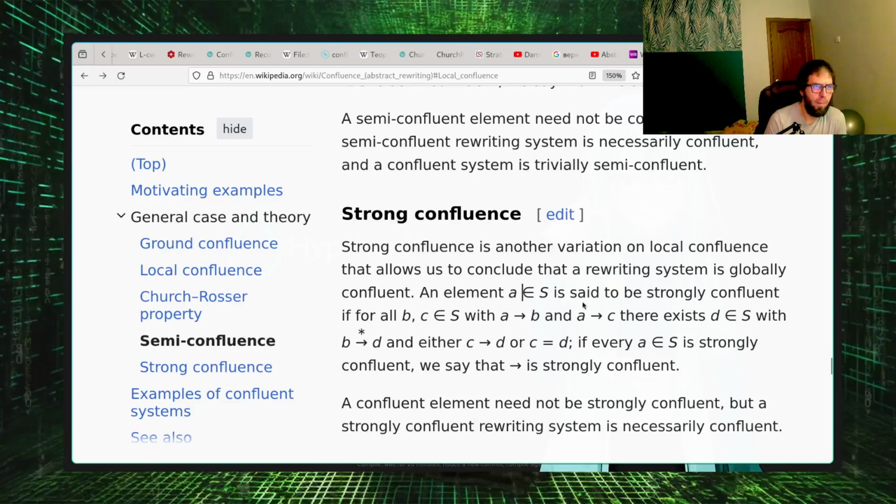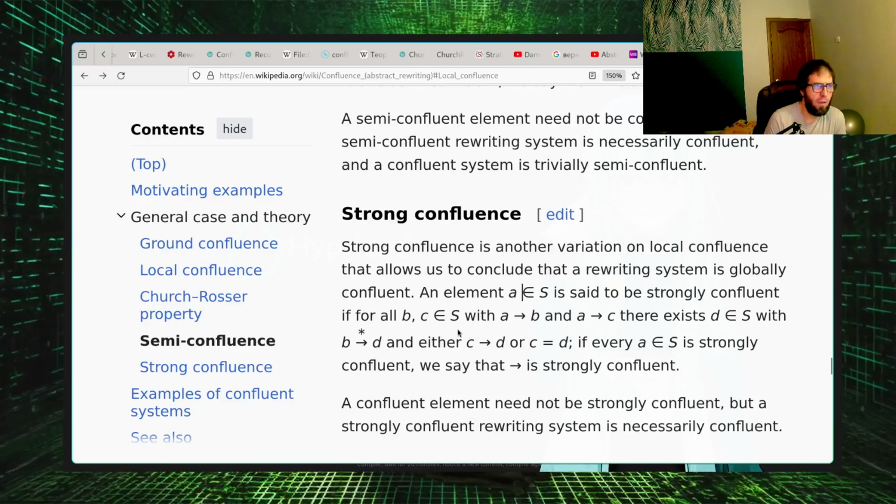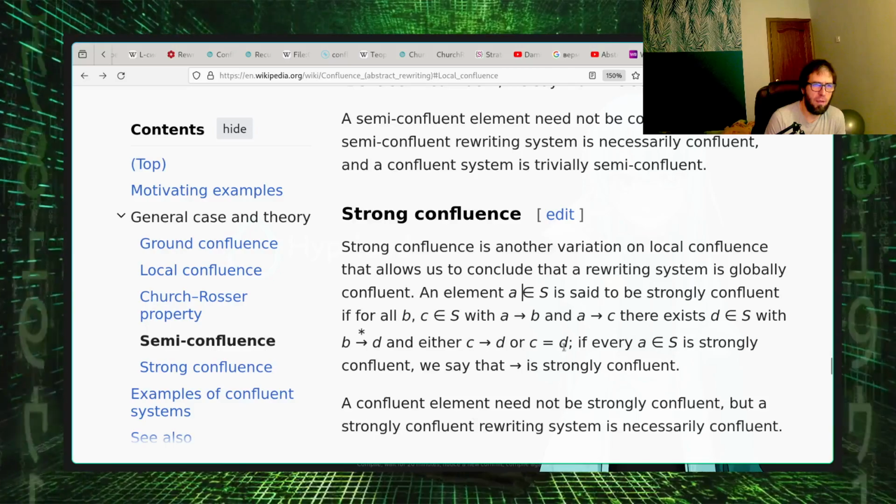So the element is said to be strongly confluent if, given some arrow from A to B and A to C, there must exist D which can be achieved from B with some path to D, and from C, D must follow C, or D must be equal to C.